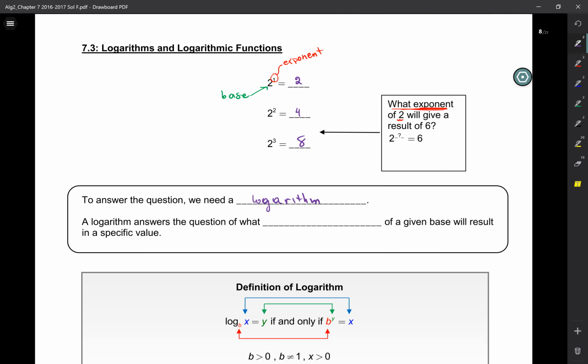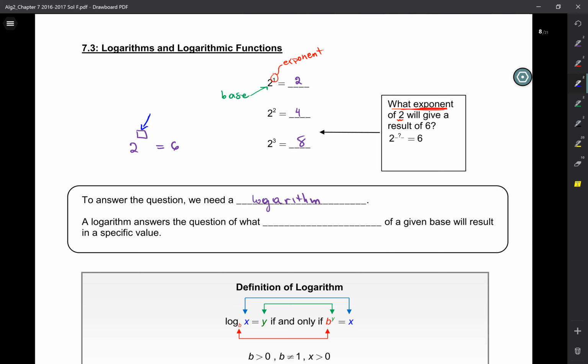We're looking for the exponent of 2. So I'm looking for 2 to the power of something that will give me a 6. I just said that to answer the question, we need something that's called a logarithm, okay?